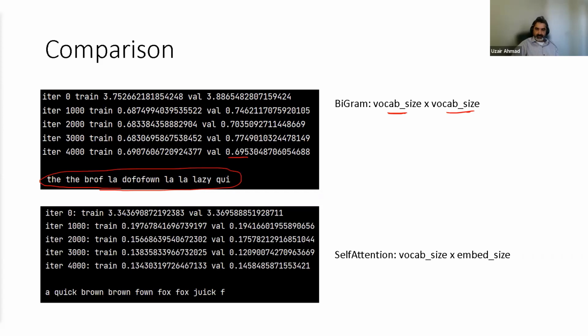With the self-attention block, when we allow all the words to learn from all the words in the sentence, the context is not just the previous word. The input is different, vocabulary size by embed size. Embed size is 10 for this particular output. You can see the validation loss is significantly smaller than the bigram model, and the output is way better.